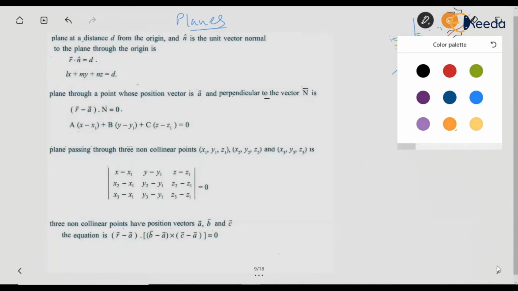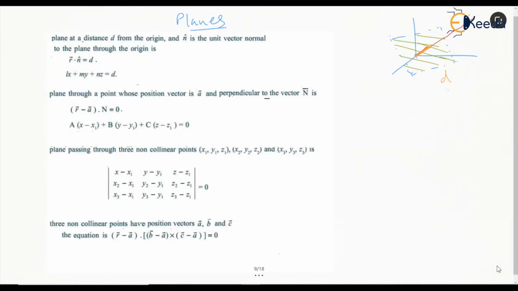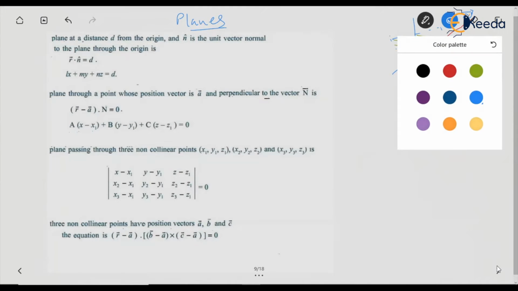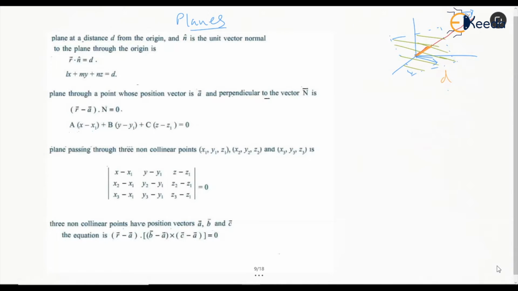So in order to make a plane which is perpendicular to this normal vector, let's take a position. Let's say this is A, which is on the plane.